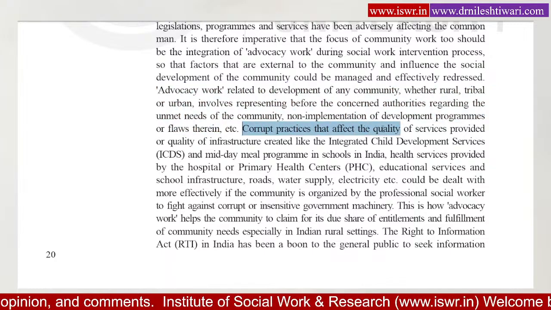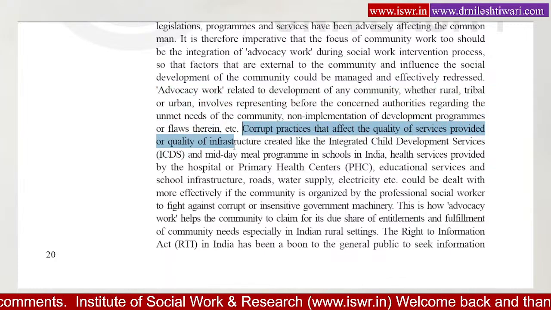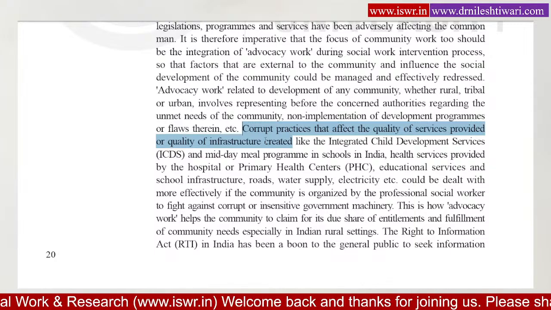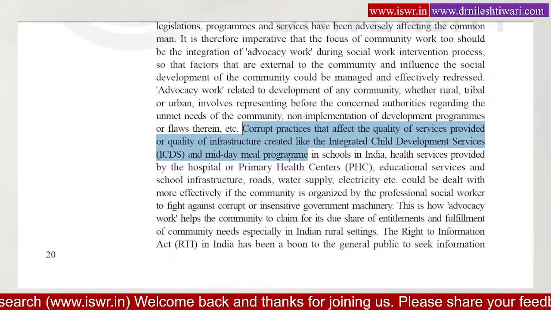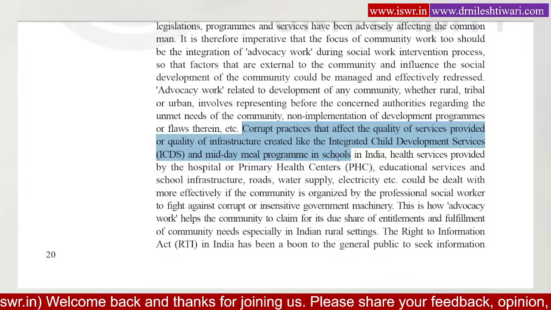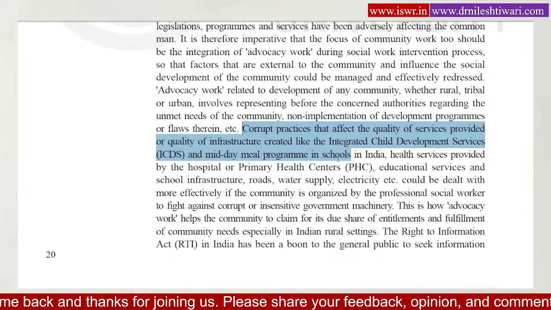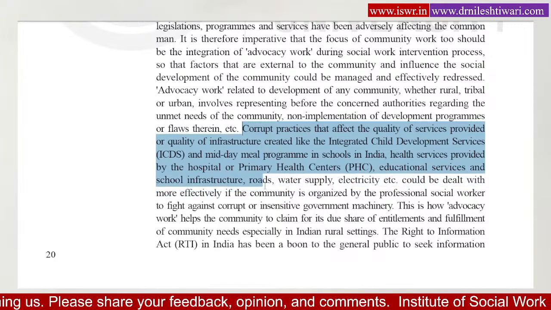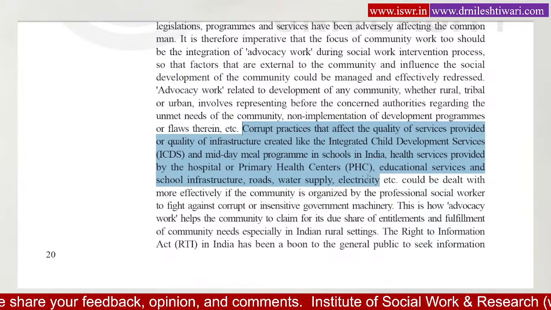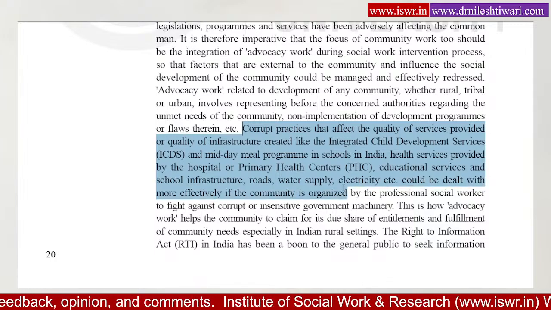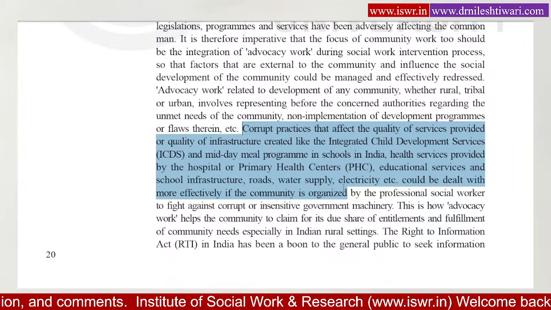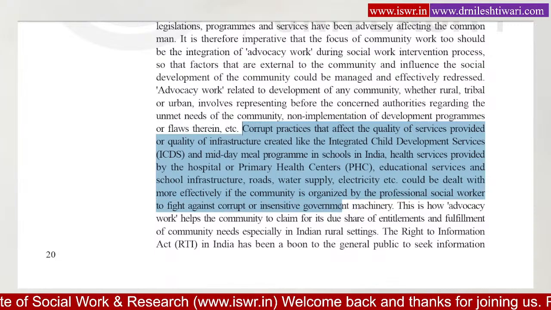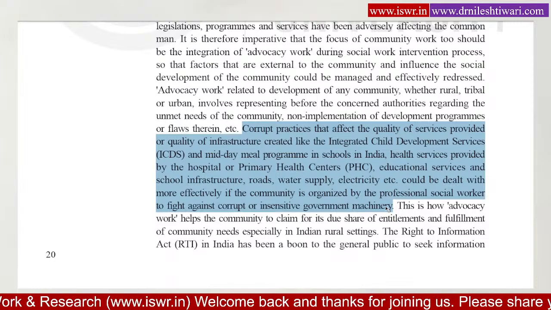Now, corrupt practices that affect the quality of the service provided or quality of the infrastructure created, like ICDS, Integrated Child Development Services, and midday meals in the schools in India, the health services provided by the hospitals of the primary health center, educational services, social infrastructures, roads, water supply, electricity could be dealt with more effectively if the community is organized by the professional social worker to fight against corrupt or insensitive government machinery.